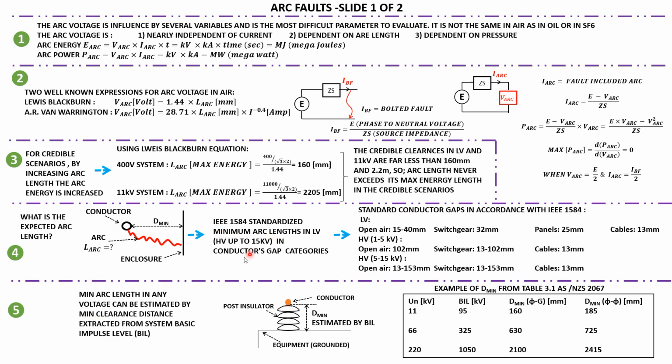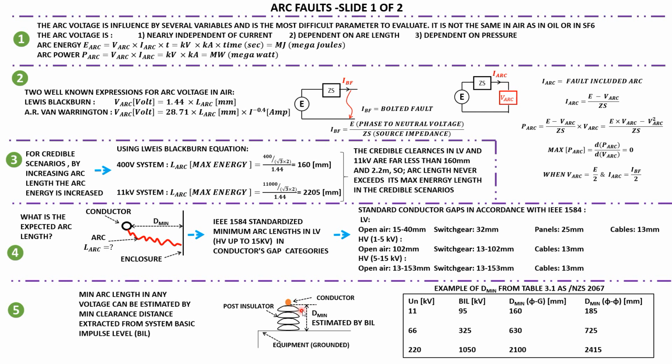And beyond 15 kV, or any voltage level, what is the minimum distance? The minimum distance is basically dictated by the minimum clearance required, which normally is extracted from the basic impulse level of that voltage. So basically we have equipment here like a transformer and bushing or post insulator and the conductor here.